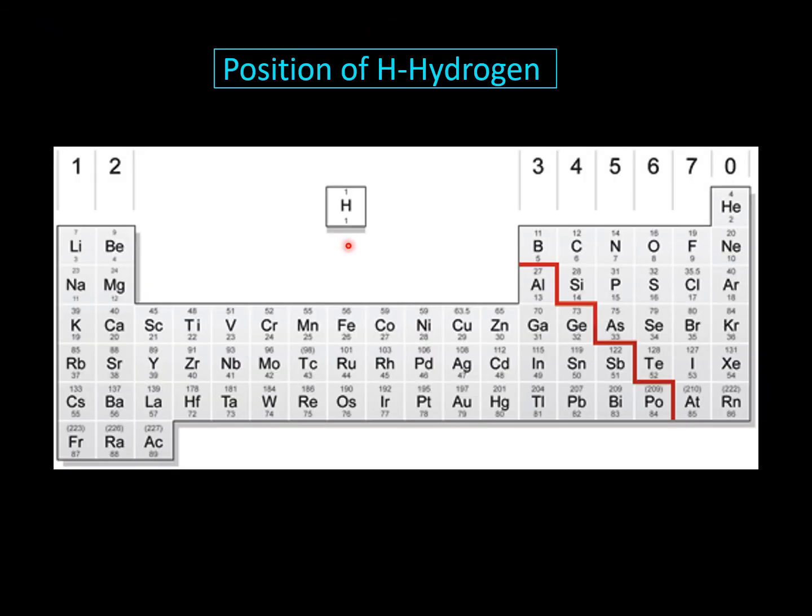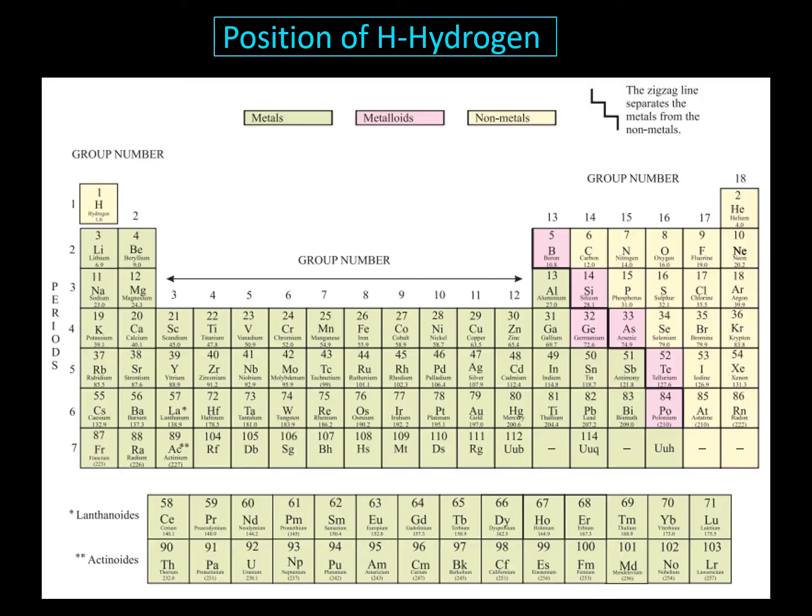Sometimes hydrogen is placed at the center of the periodic table like this, or sometimes above group 1 elements with a little separation like this. If we observe the color code, we can see hydrogen behaves like a nonmetal.